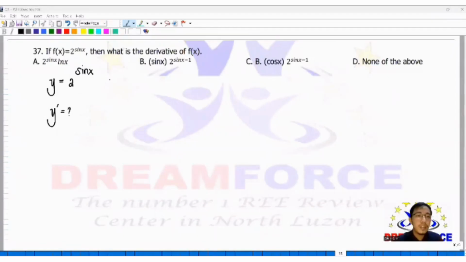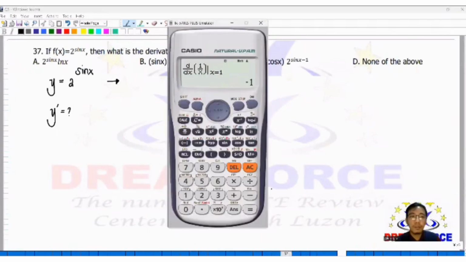So, ang gagawin natin dito is i-derive natin yung given. So, derivative of 2 raised to sine of x. Again, yung calculator dapat naka-radians. X is 0.69. Ito dapat yung papalabasin po natin.